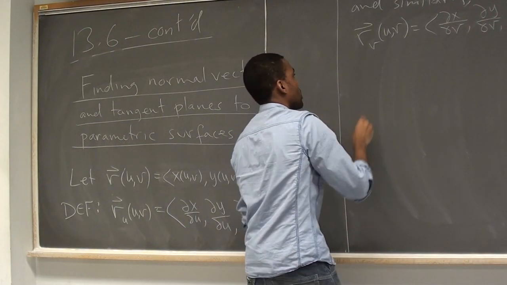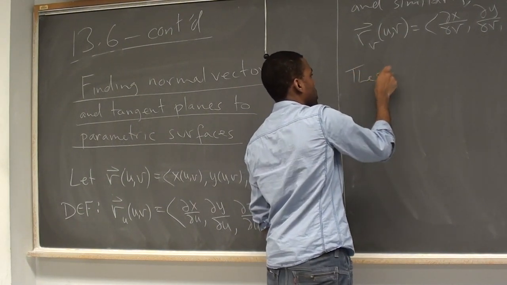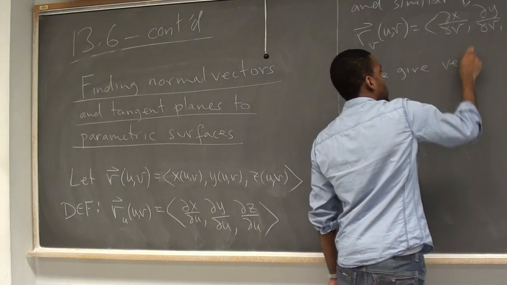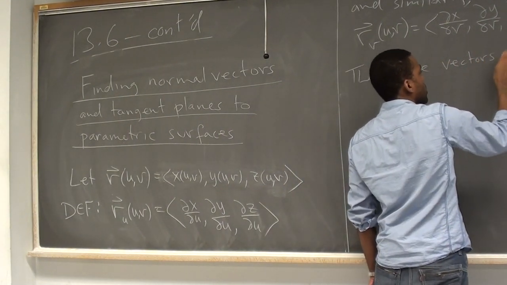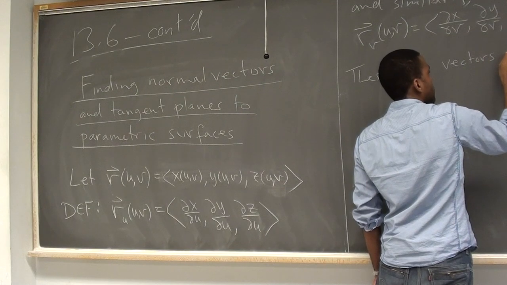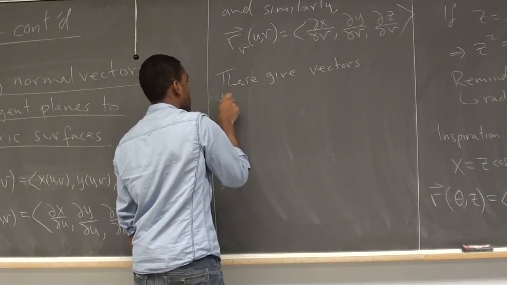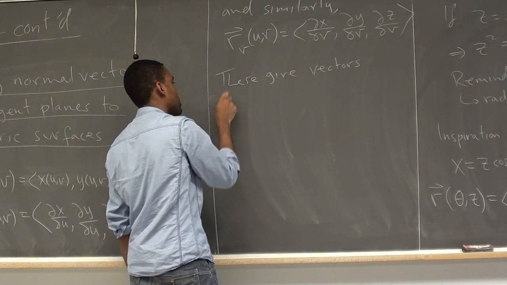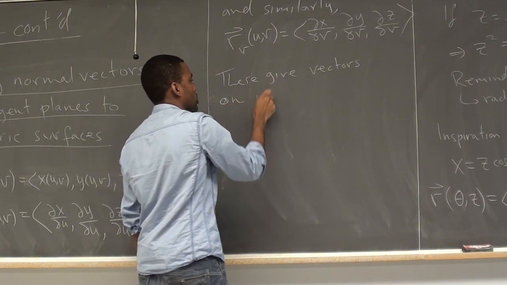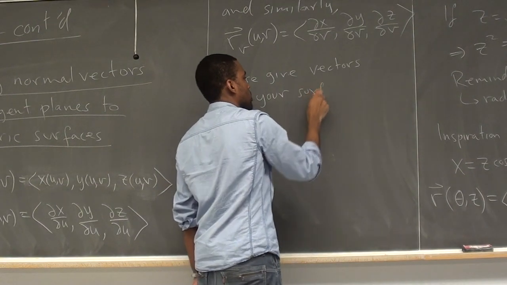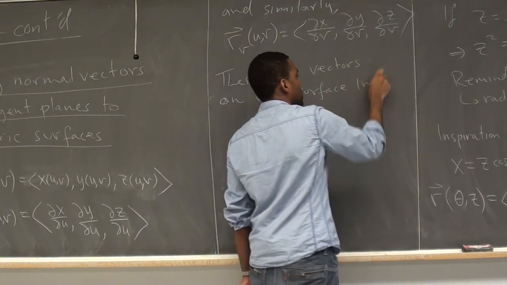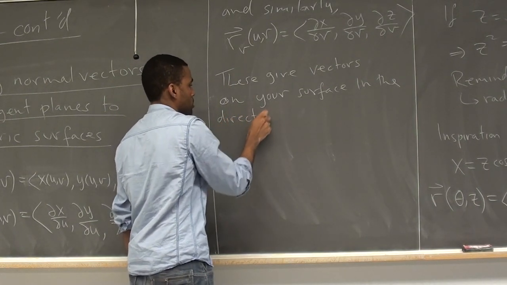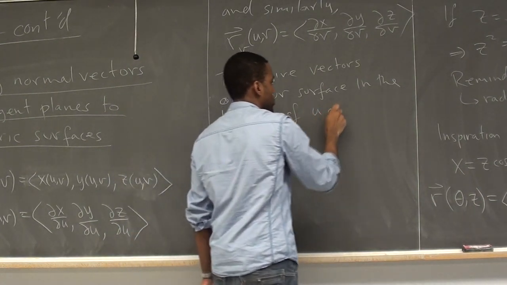Now, these give vectors on the surface in the direction of u and v.